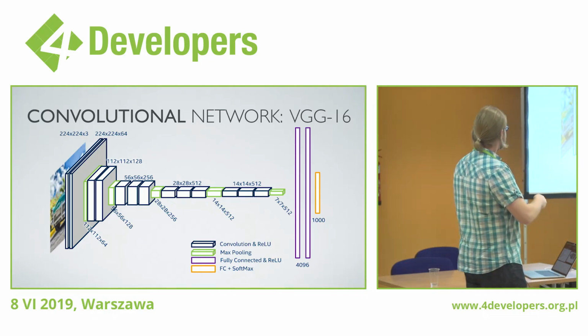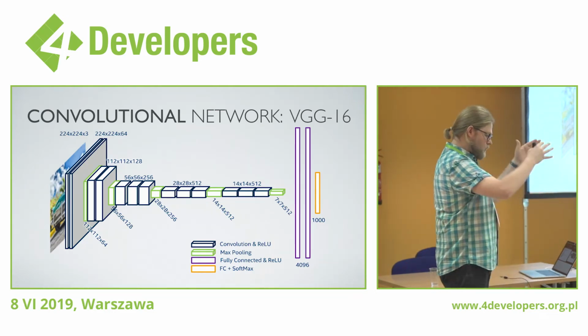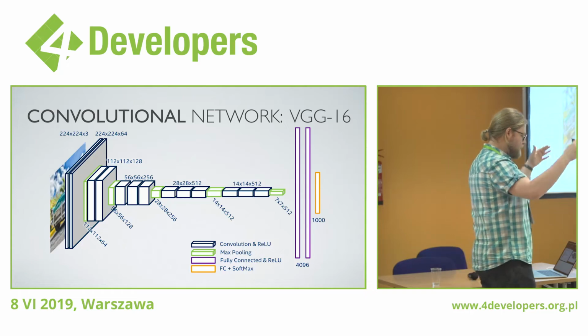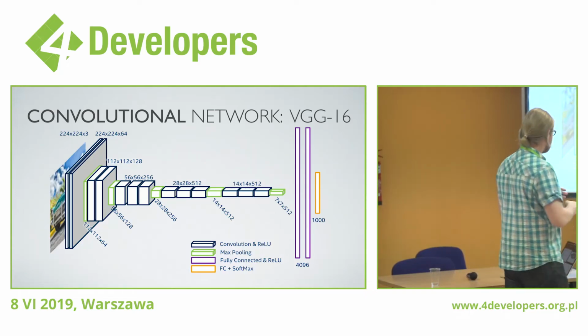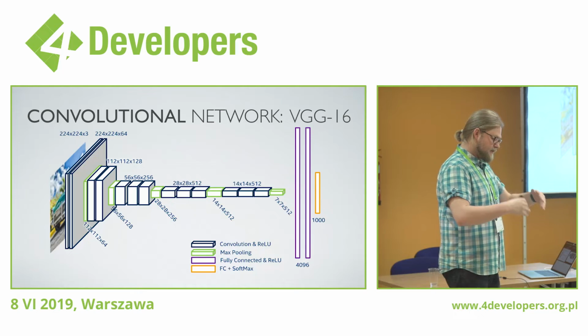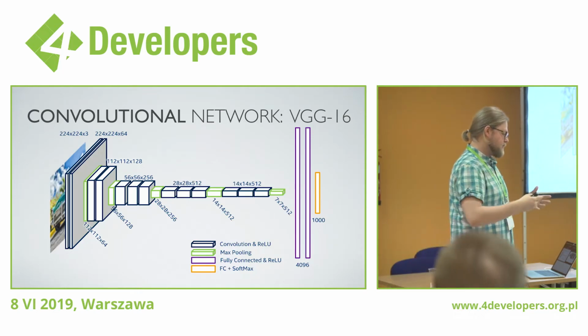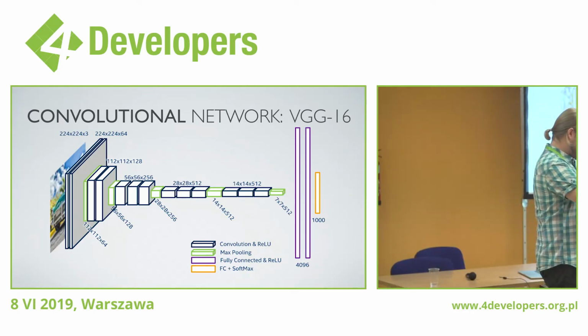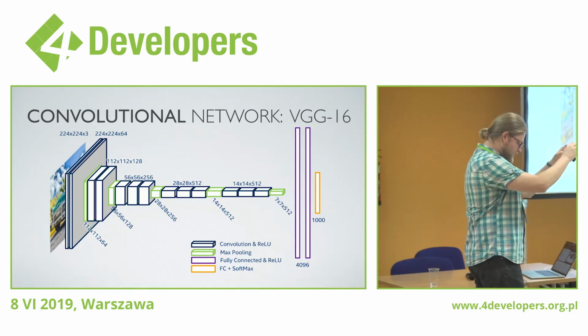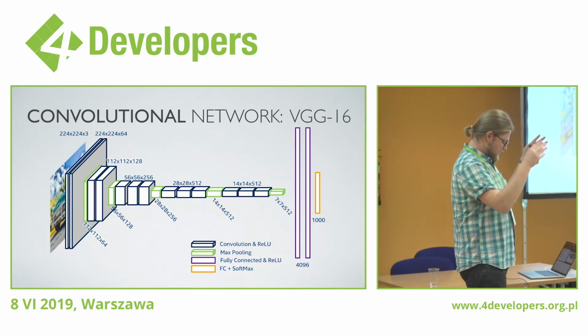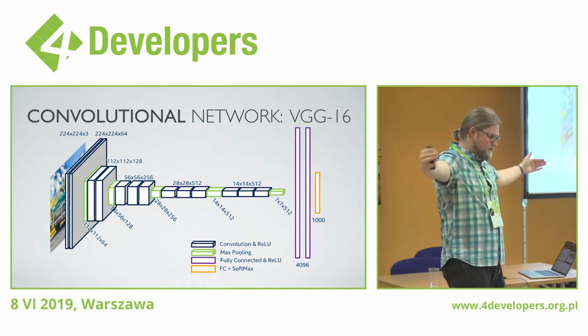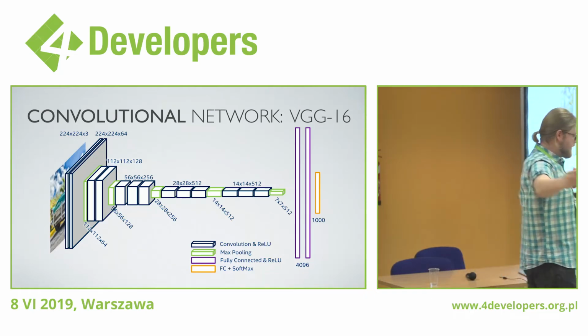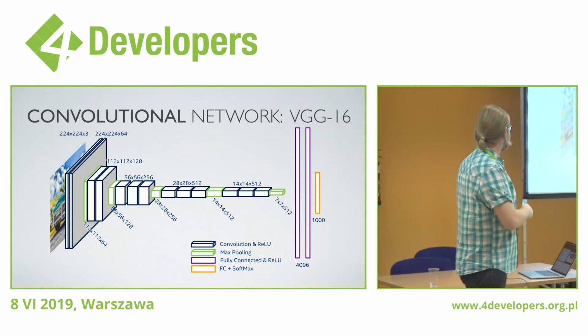Then another convolution takes the feature map that the previous convolutional layer created and does convolution of that. So it looks for features that are combinations of the features of the previous layer. Now in 64 dimensions, the dimensions of the feature map that was created by the previous layer.